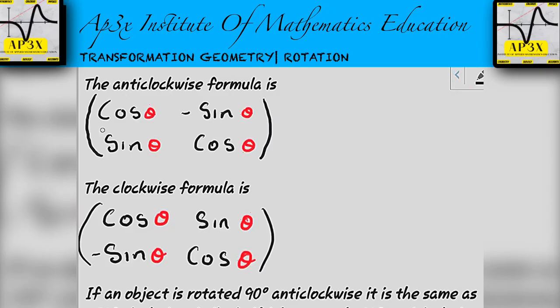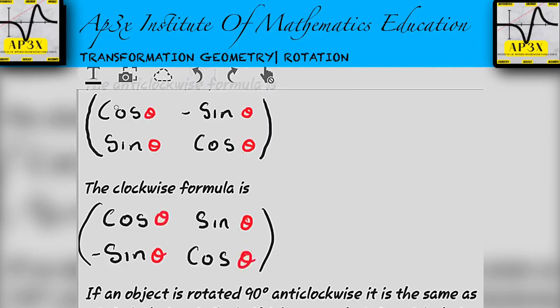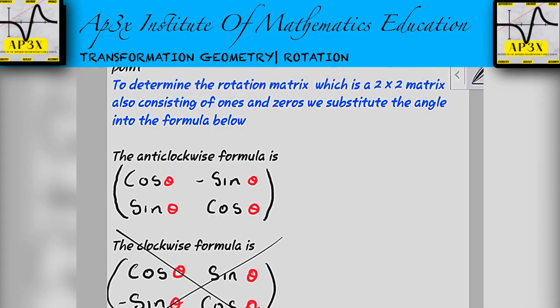Let us just say hypothetically that we're not going to focus too much on the clockwise formula. Let us just cross this out of our mind here, and we're going to focus on the anticlockwise rotation. Let's look at how we first derive the matrix for 90, 180, and 270.